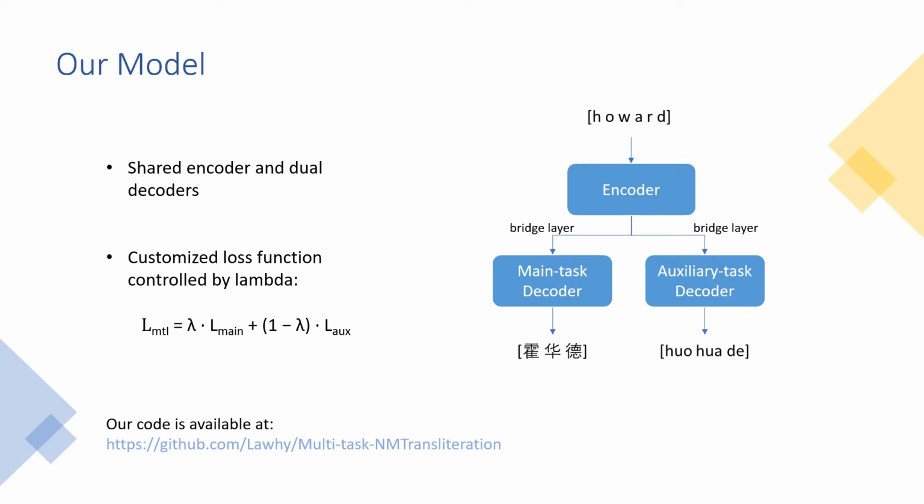The output log probs are then fed into the customized loss function, which is a linear combination of the main task loss and the auxiliary task loss. The underlying idea is that by chaining the source to target and source to sound mappings together, the shared encoder is expected to generalize better and pass more refined information to the decoders.